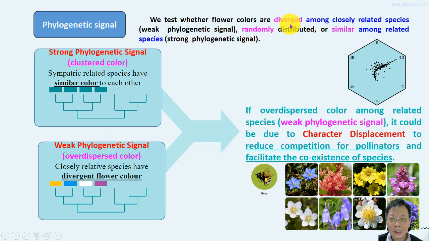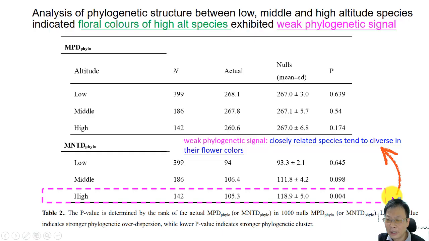Or it could be random, that means the color is randomly not related to phylogeny at all. Or the other thing is weak phylogenetic color signal. That means related species have over-dispersed color. Okay, so if related species have over-dispersed color, that means they probably want to reduce competition for pollinators. They want to coexist in the same place, so they diverge their color a little bit in this way.